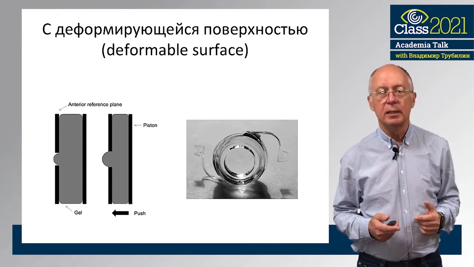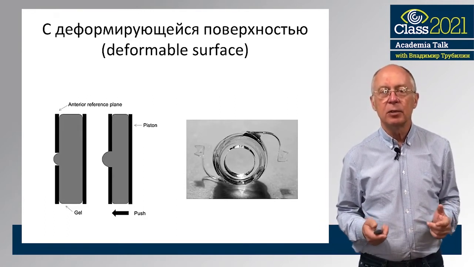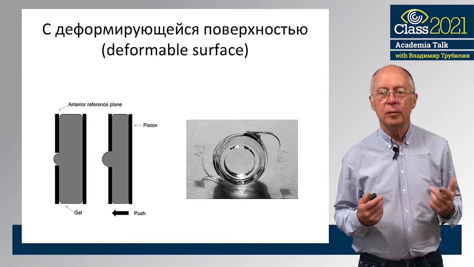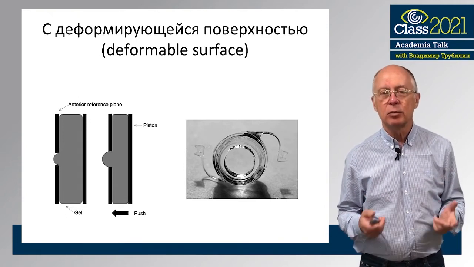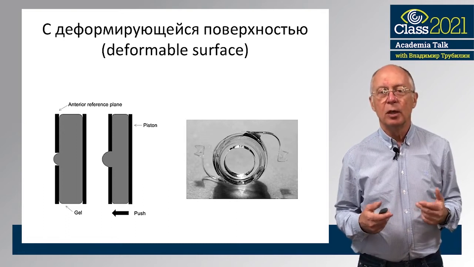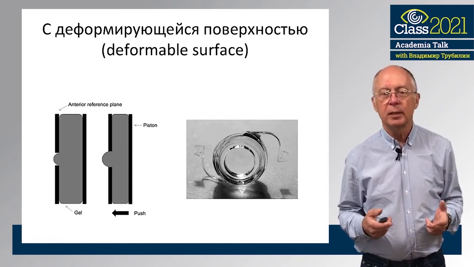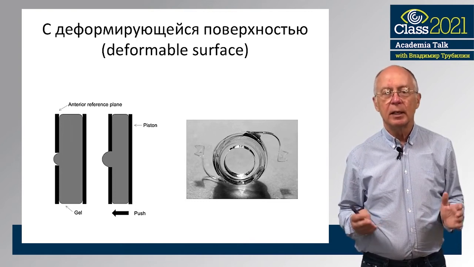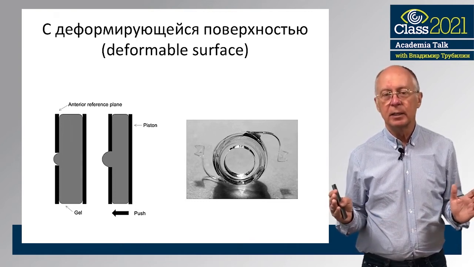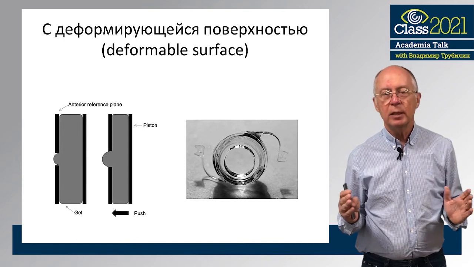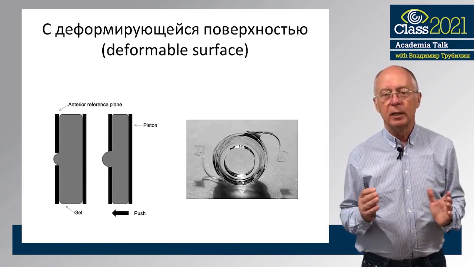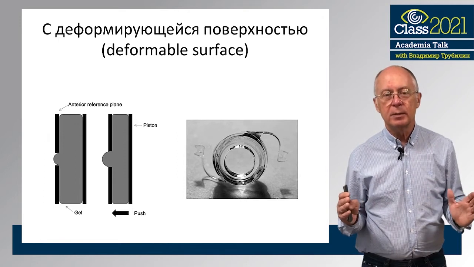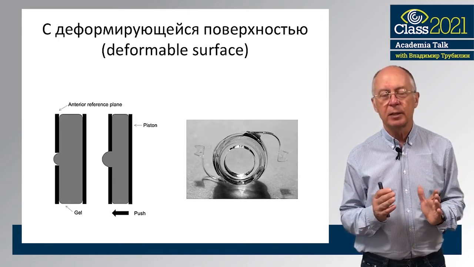Models with a deformable surface are developed from the accommodative lens type. You can see its example on the slide. When the capsular bag contracts, the pressure on the optics of the lens changes, the anterior surface dislocates in relation to the posterior part and either narrows the space between the surfaces or expands it.